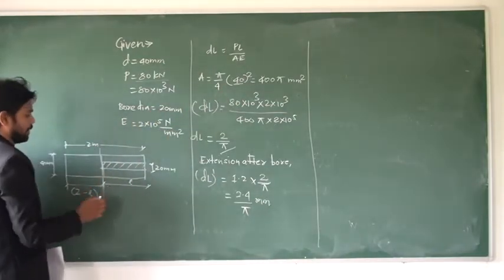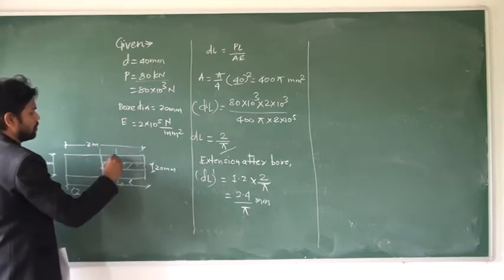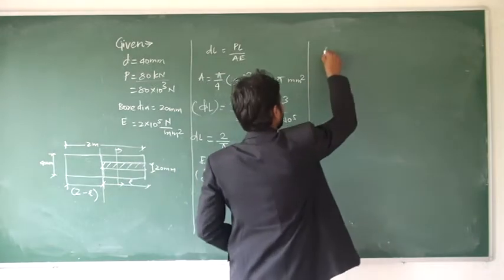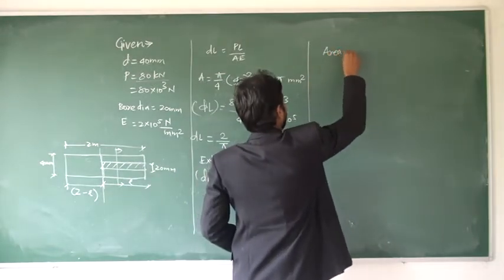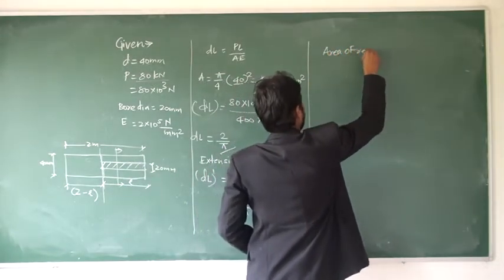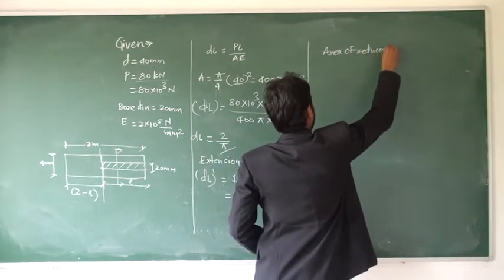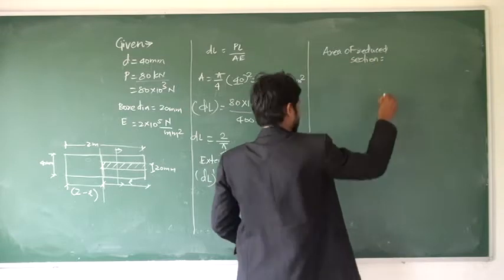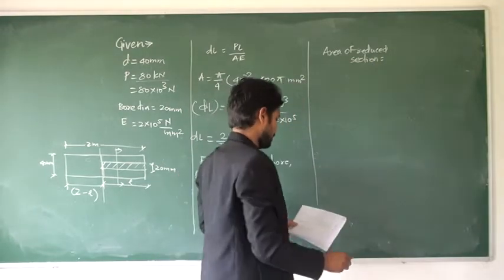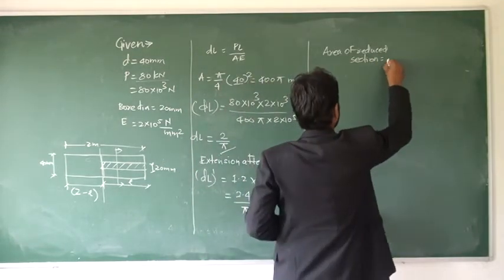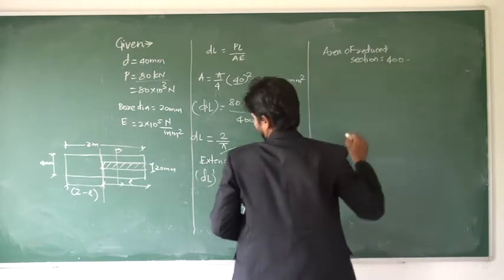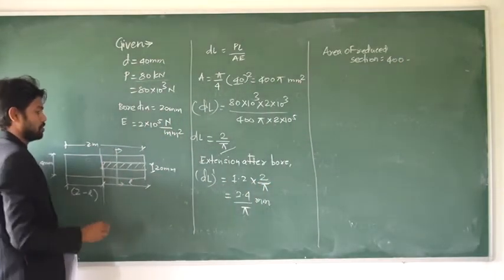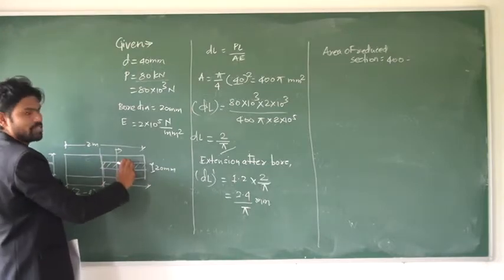Now the area of the reduced section will be the total area minus the area of the hole.